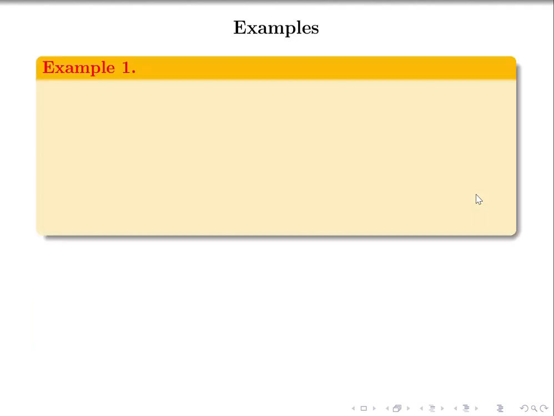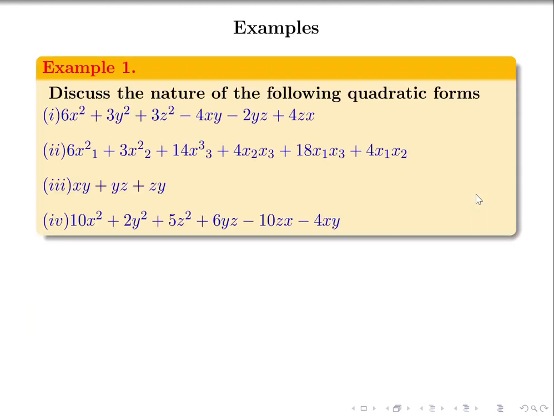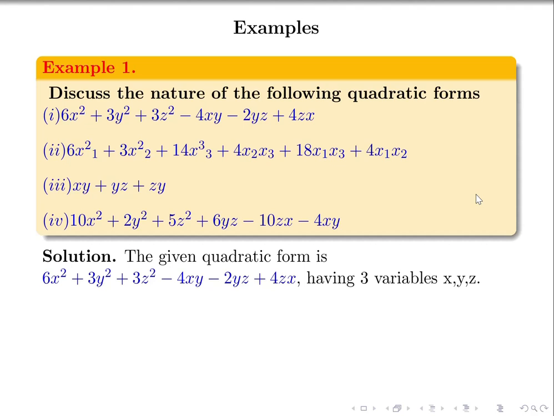Example number 1: discuss the nature of the following quadratic forms. Four quadratic forms are given. The first is 6x square plus 3y square plus 3z square minus 4xy minus 2yz plus 4zx, having the three variables x, y, z.